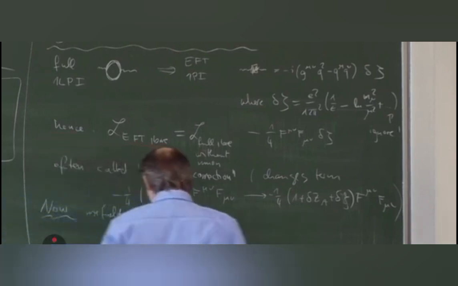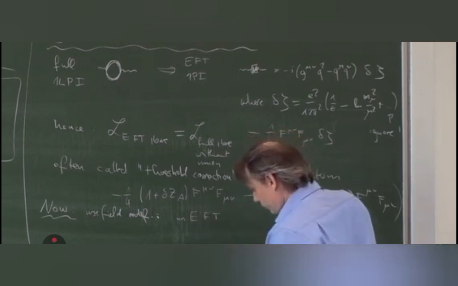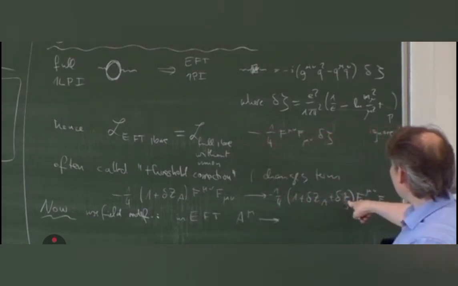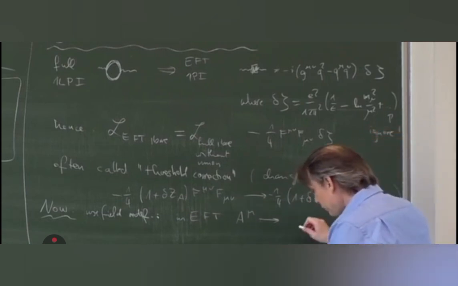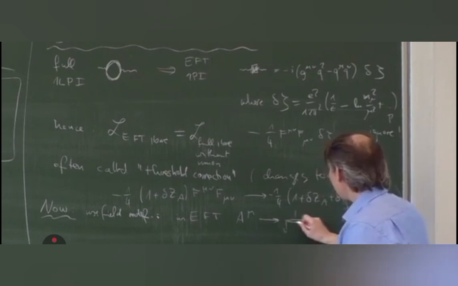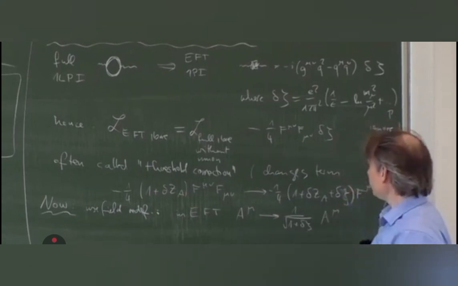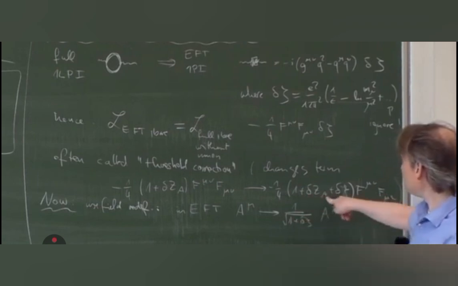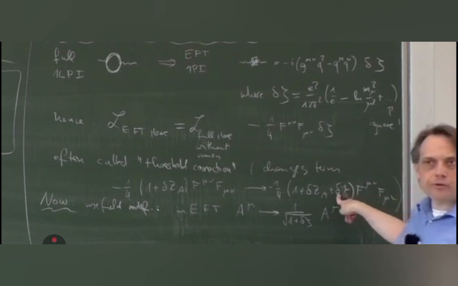So we do a field redefinition, namely what should we do? In the EFT, we do A_μ. Basically, we absorb the δζ by redefining the photon field. So A_μ becomes 1 over the square root of (1 + δζ) times A_μ, such that in F_μν this appears squared, so we divide this by (1 + δζ), and then at first order the δζ simply drops out.